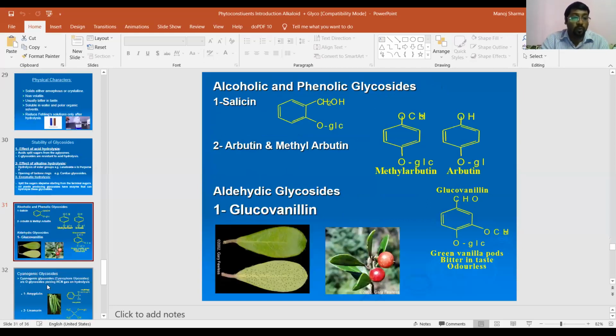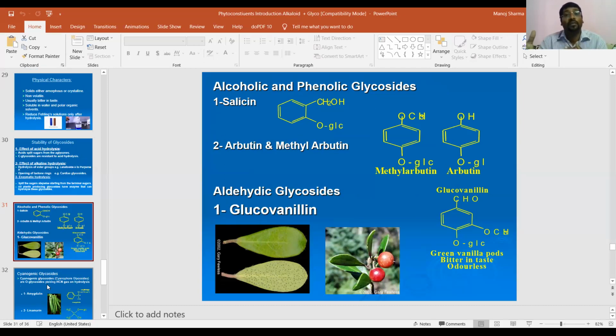Okay, if I tell you a few more examples, like we have salicin. If you see the structure of salicin, it is very similar to today's salicylic acid. And then we modified the salicylic acid into acetylsalicylic acid. Then it became a very blockbuster molecule in the category of analgesics.